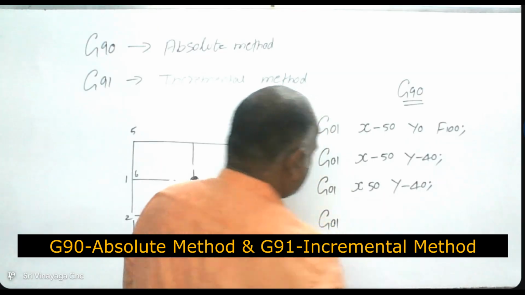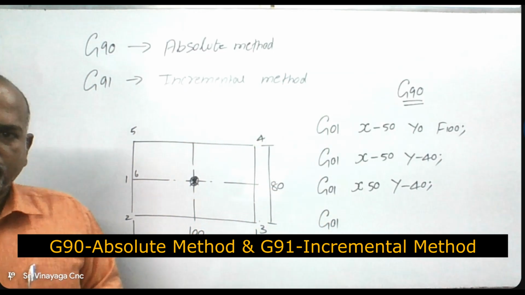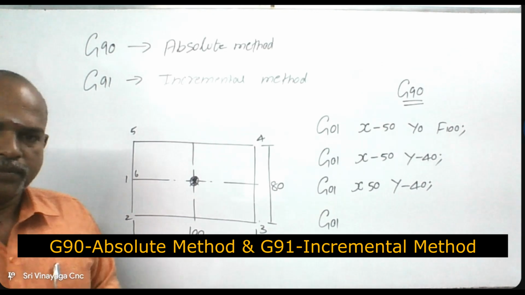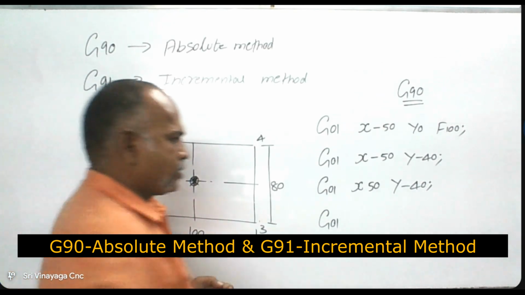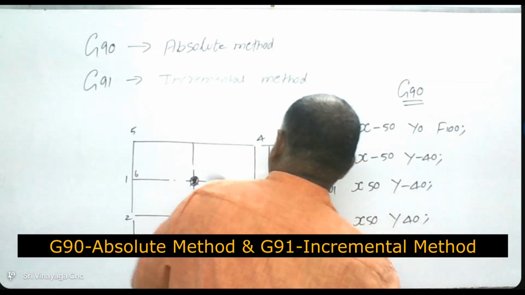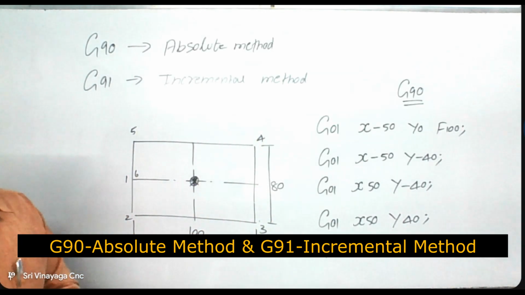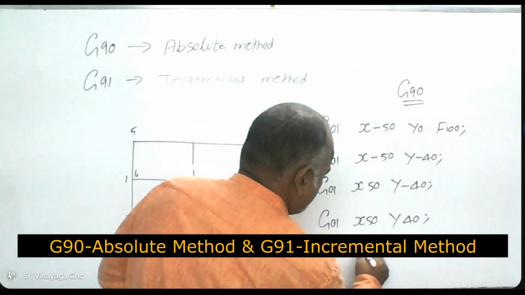Point number four is going to be X plus 50, Y plus 40. Next, point five: X is going to be minus 50, Y is going to be plus 40.